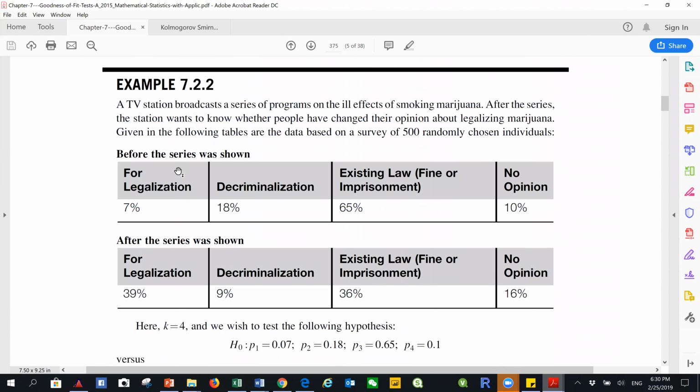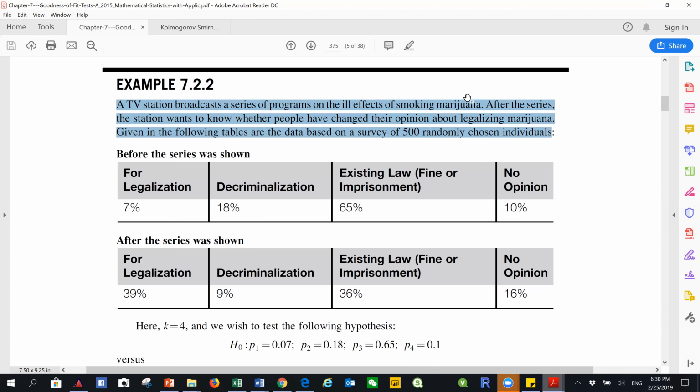So look at this example. Before or after a TV station broadcasts a series of programs on the ill effects of smoking marijuana, after the series, the station wants to know whether people have changed their opinion about legalizing marijuana. Given the following table, 500 chosen individuals were surveyed.